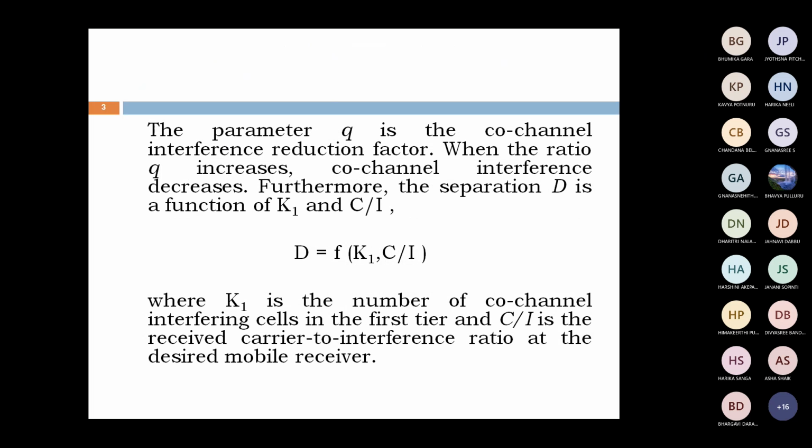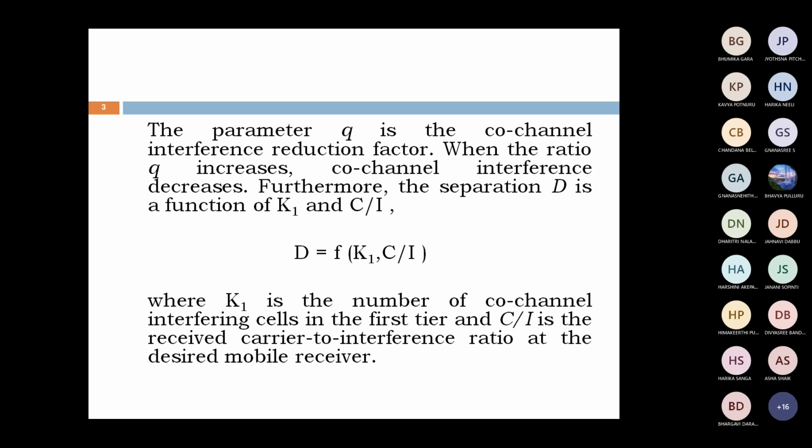Then automatically co-channel interference decreases. That is, when the distance between two co-channels is less, there is more interference. More distance between two co-channels, less interference. That is, Q increases, co-channel frequency reuse distance increases, then co-channel interference decreases.